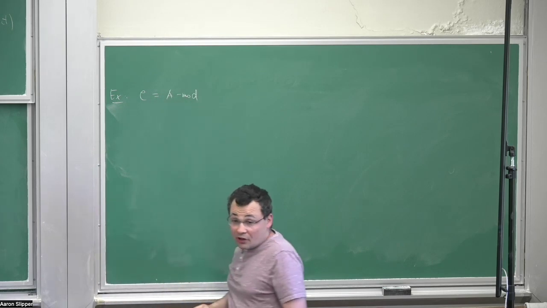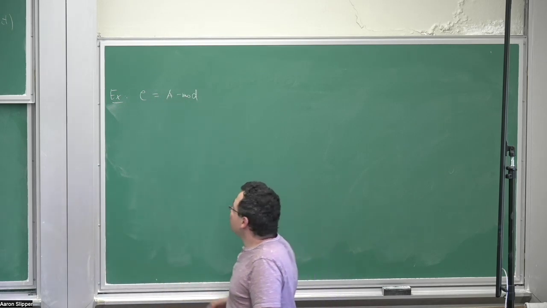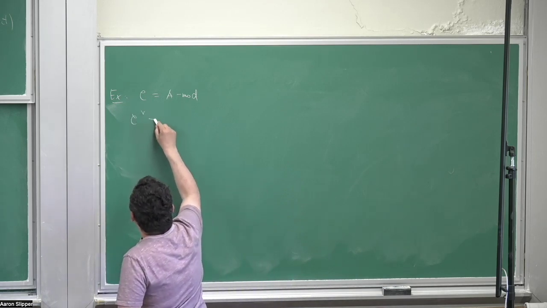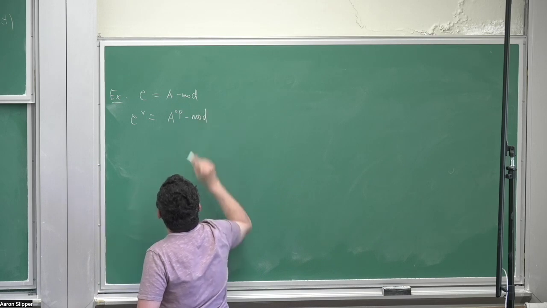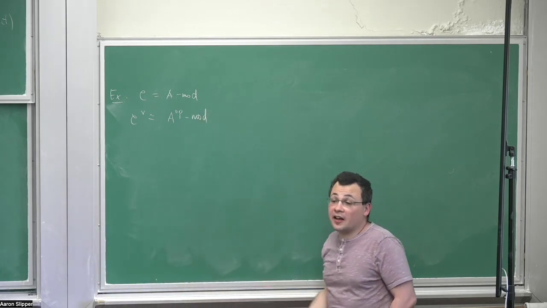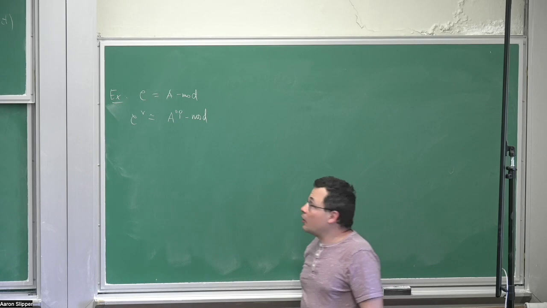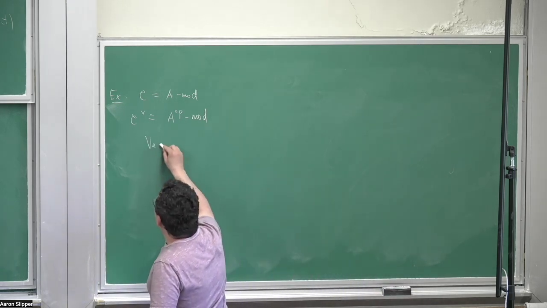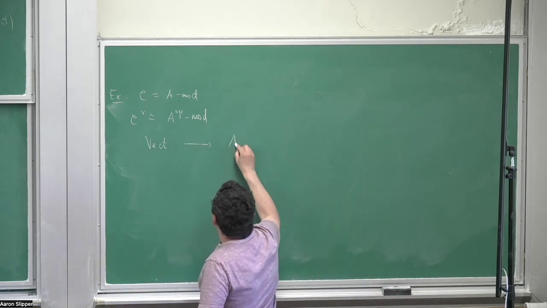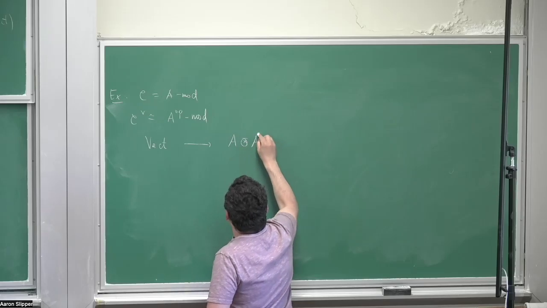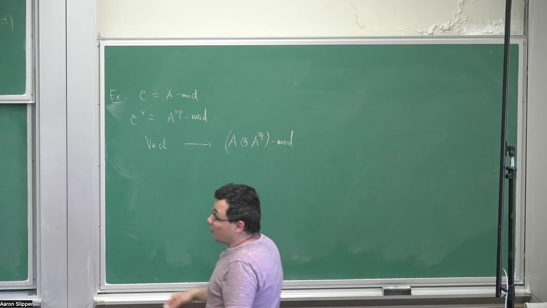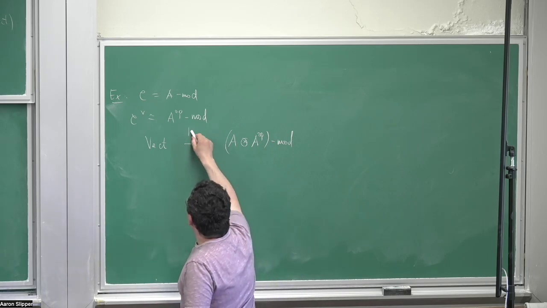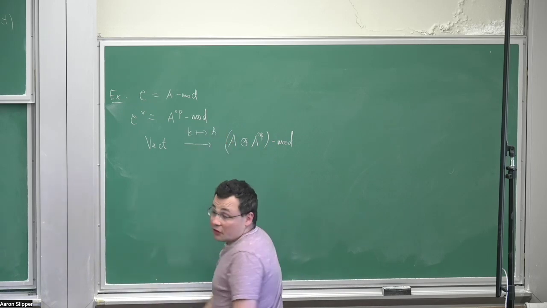Suppose C is modules over some algebra, then it turns out that the dual category is modules over the opposite algebra. And the co-evaluation map is something that sends K to A as a bimodule.